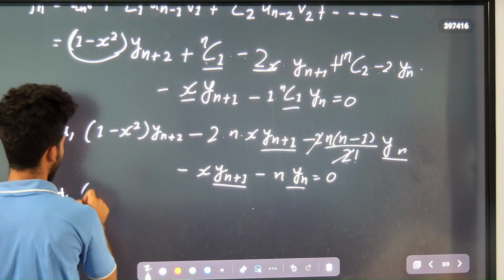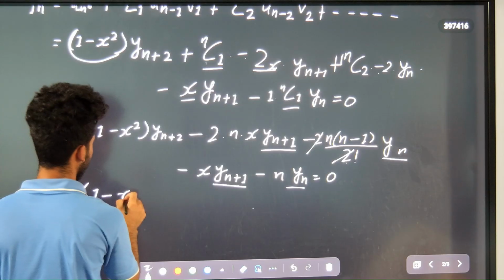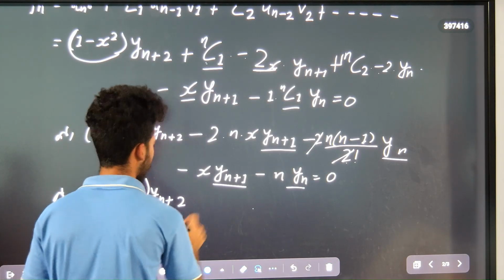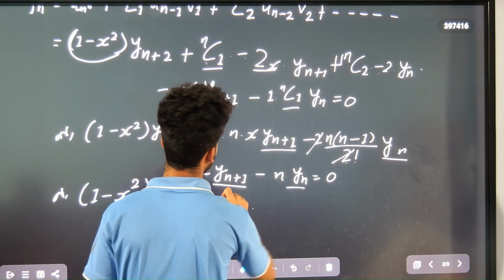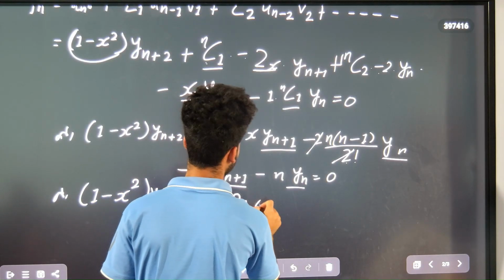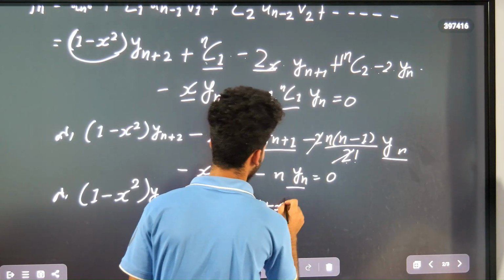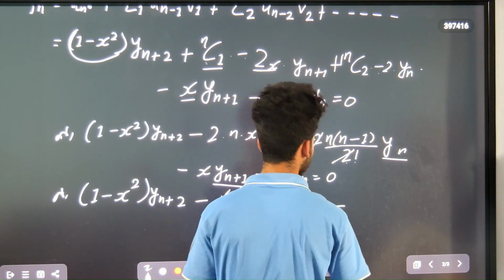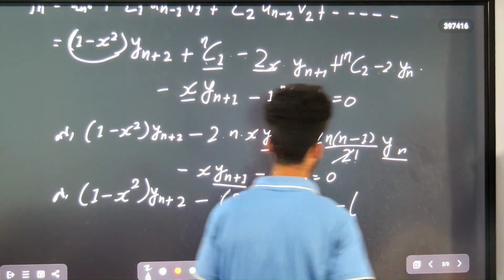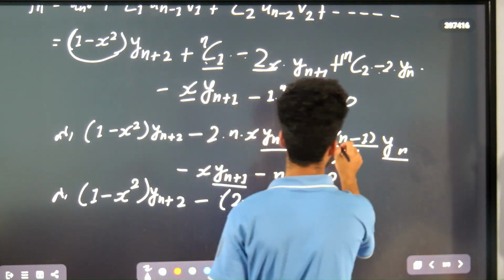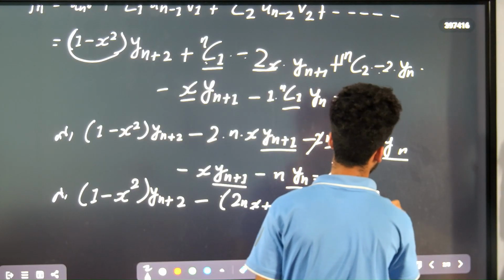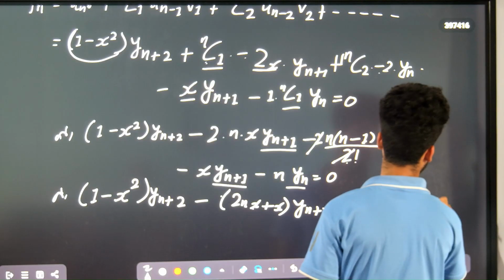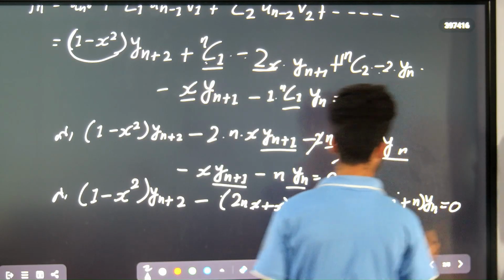Now taking this common, 1 minus x square yn plus 2 minus 2nx plus x yn plus 1 minus, we can simply open this small bracket, n square minus n plus n, yn equals 0.